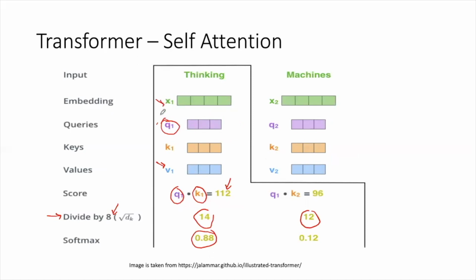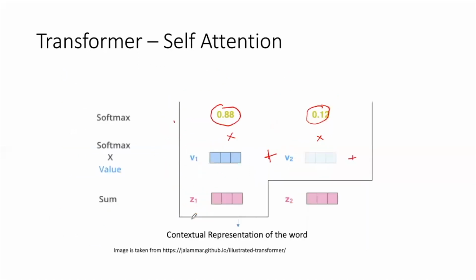So only for q1 and x1, we generated a representation that is a combination of different value vectors, and that combination is decided based on these scores. So this is the contextual representation of the word that we get.